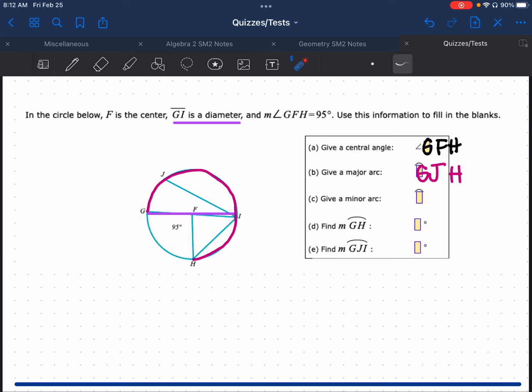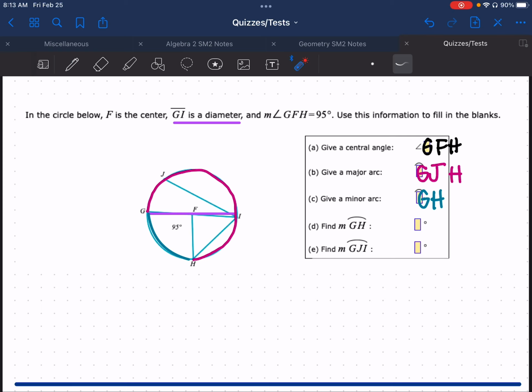So it's just my preference. There are one, two, three, four minor arcs on there. Any of them are correct to use. Just for coloring purposes, I'm going to go ahead and use this one, and I'm just going to call it G and H.